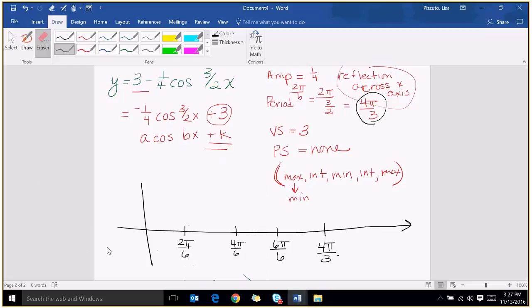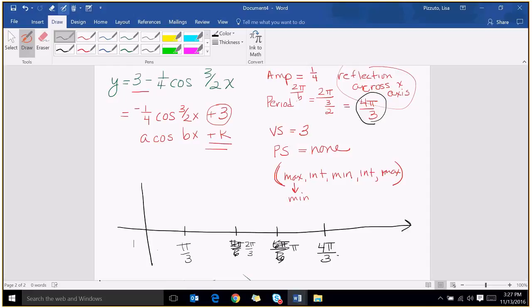I'm going to erase this and change it. 2 pi over 6 is really pi over 3. And then this really reduces to 2 pi over 3. And then this really reduces to pi. And then the other one stays the same, that's already reduced.